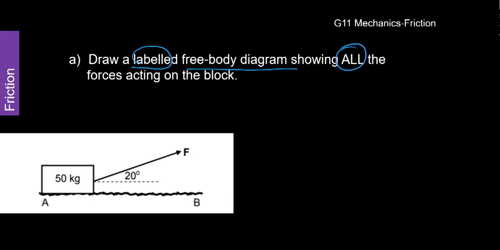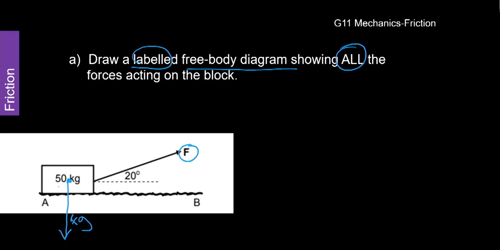So let's have a look at this picture and see what forces could be acting on it. We do have a mass here, and if we've got a mass, we know that we're going to have a gravitational force, Fg. We know we've got F, so F's at an angle. What about a normal force?